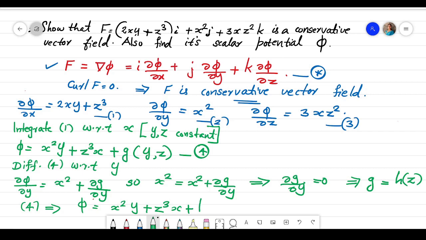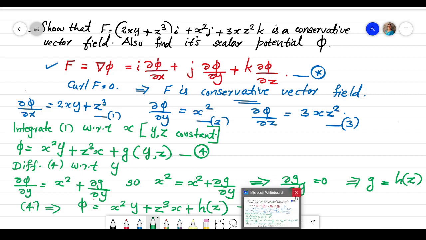So here we can write h of z. Now you take this as equation number 5. Now we have to differentiate equation number 5 with respect to z.